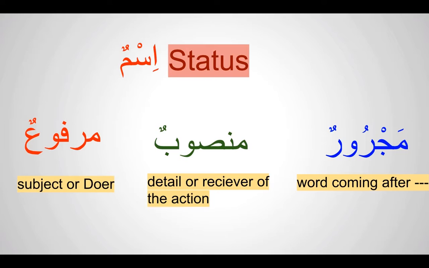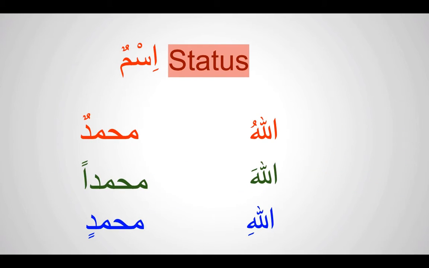Every noun can be in this situation. Marfu means the noun ends with dhamma, double dhamma or single dhamma. Mansub means a noun ending with double fatha or single fatha. Majroor means a noun ending with double kasra or single kasra.